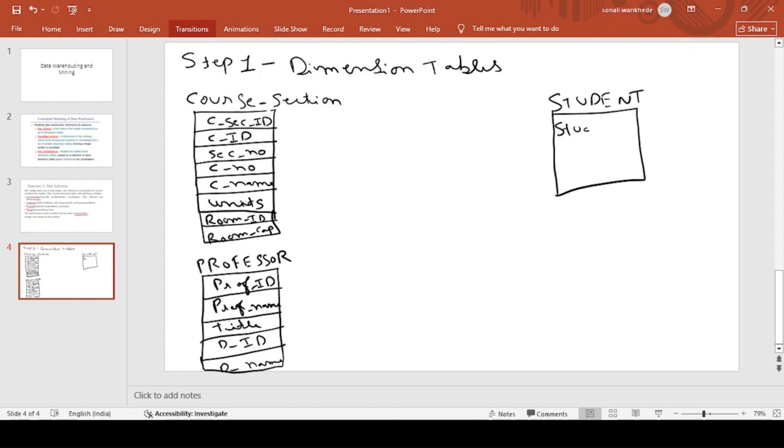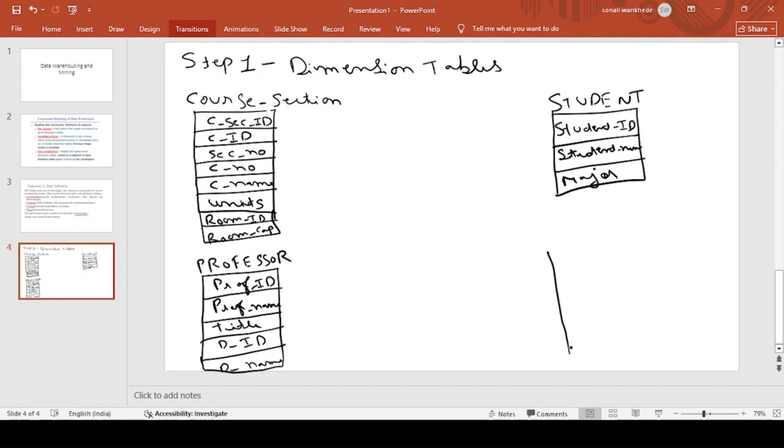The first attribute is student ID. Second attribute is student name. Then the third attribute was major. So this I have done here.